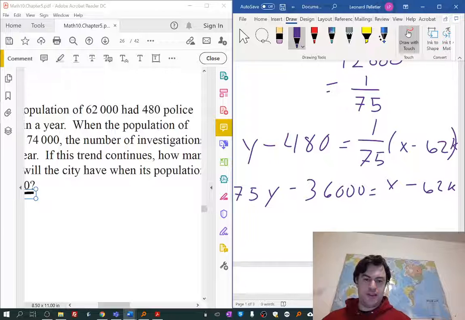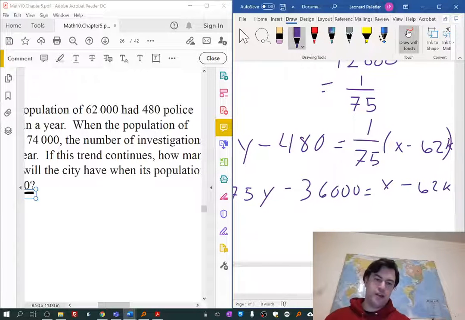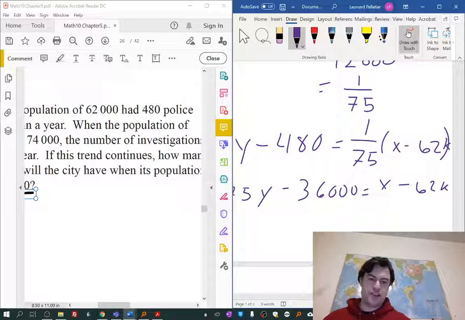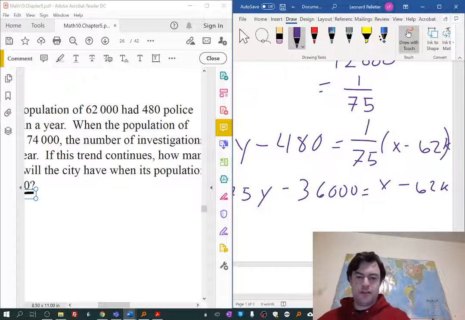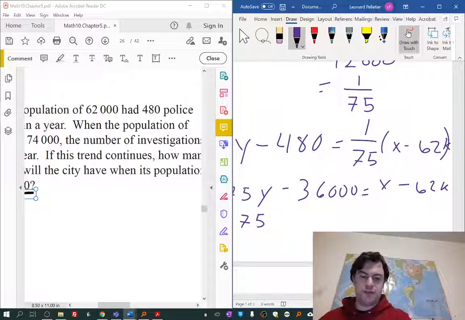And then let's see. I guess I could bring over my 36,000. So this would be 75y. I'll just add 36,000 to both sides.